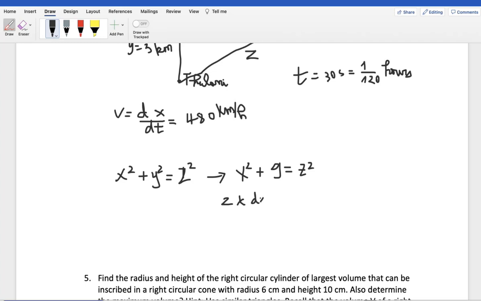Remember, we are using here the chain rule. And the derivative of 9 is 0 because it's a constant, right? So that is equal to the same on the right-hand side, 2z dz dt.